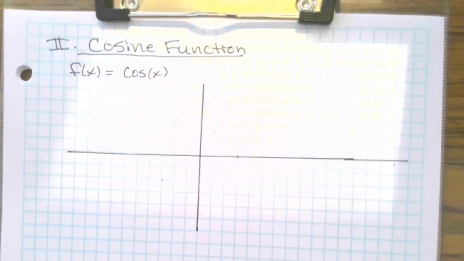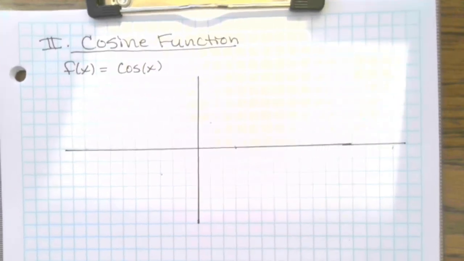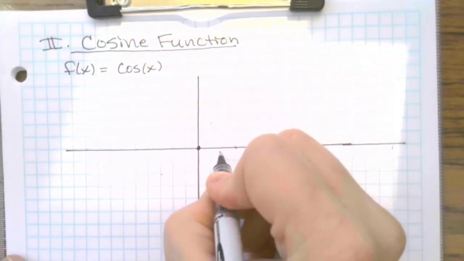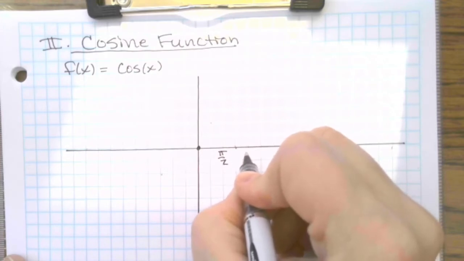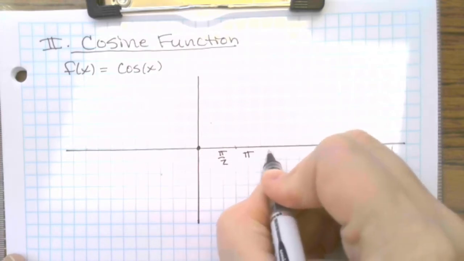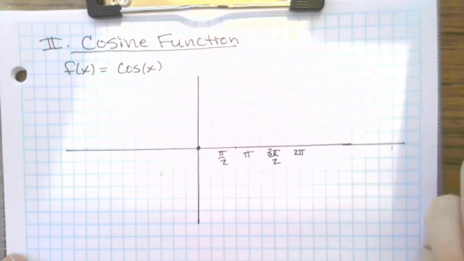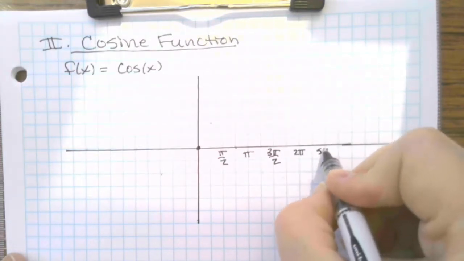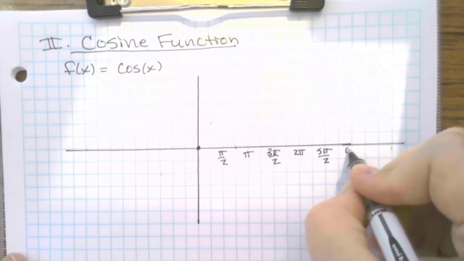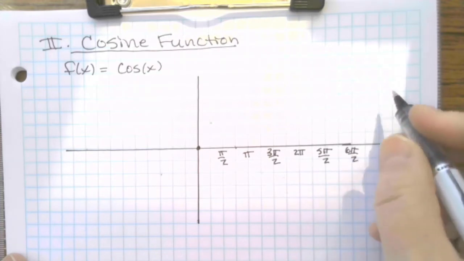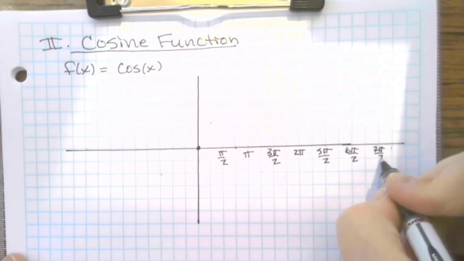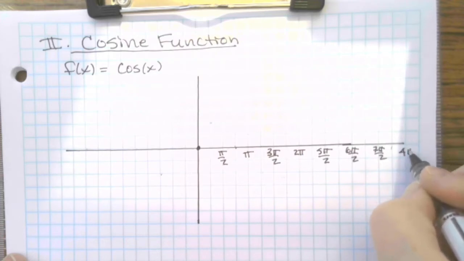Now, the nice thing about cosine and sine are they're very, very similar. They're also easy to graph using pi over 2 values or 90 degrees. So that's how we're going to number this. Pi over 2, pi, 3 pi over 2, 4 pi over 2 or 2 pi, 5 pi over 2, 6 pi over 2, 7 pi over 2, and then we're up to 4 pi.